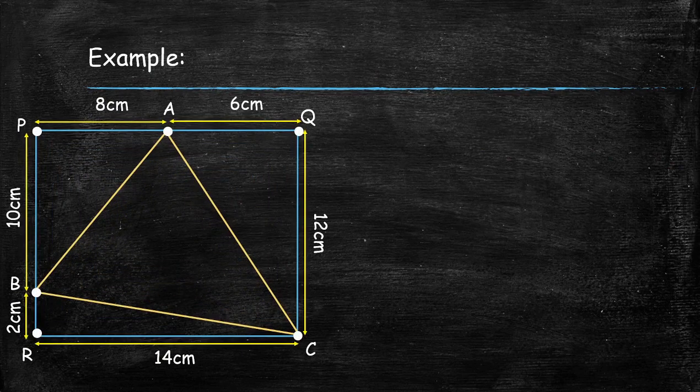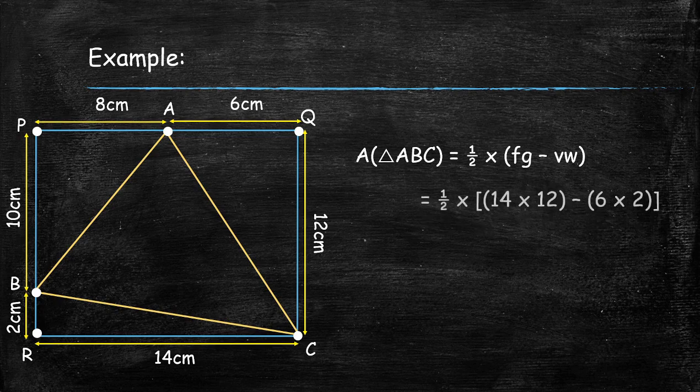So let's take an example now using this method. Now the same figure, but this time I have the lengths of F, G, V and W. So we know the formula, half into (Fg minus Vw).